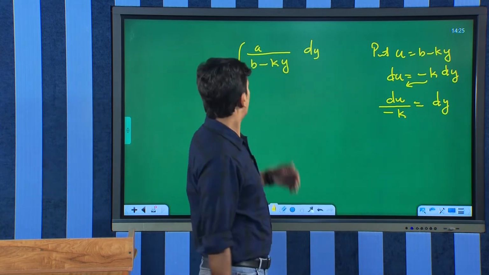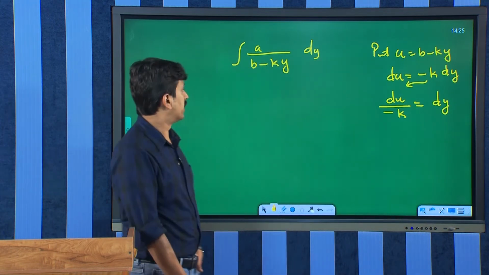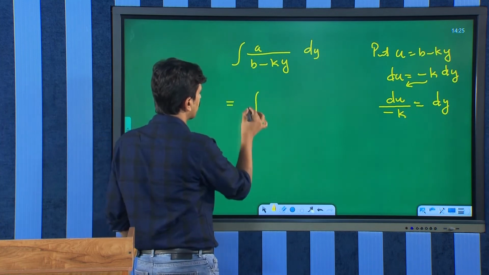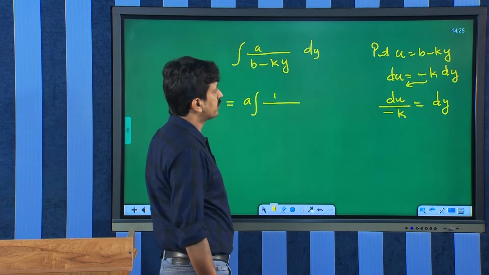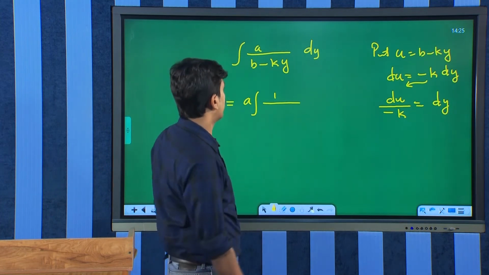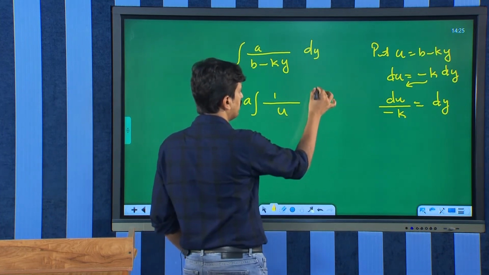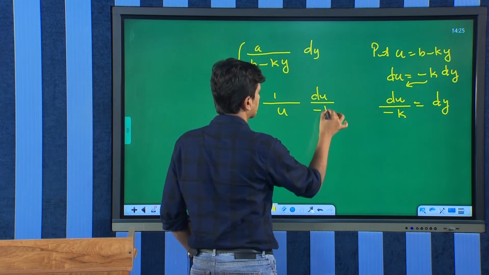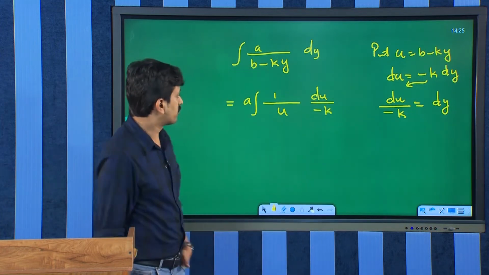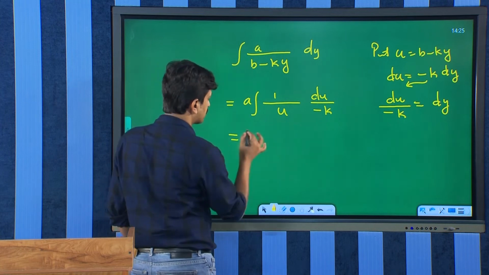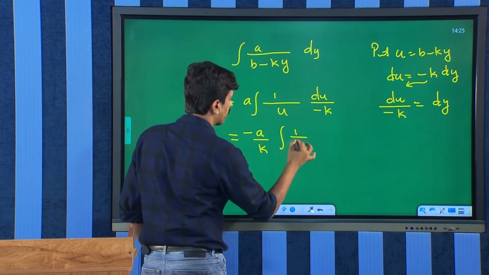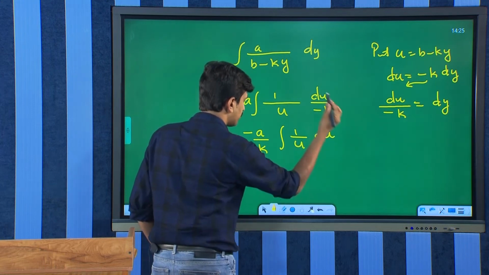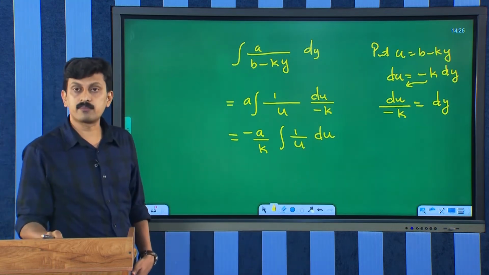So, we can rewrite this as the integral of a into 1 divided by b minus ky, as u, du divided by minus k. So, we can take minus a divided by k integral of 1 by u du.